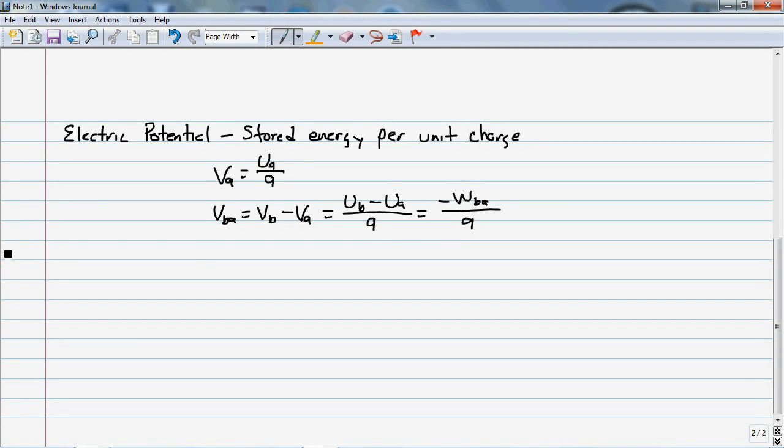So we have a lot of expressions that all add up, that are all equal.